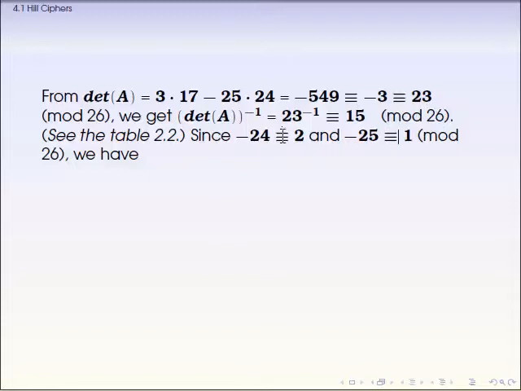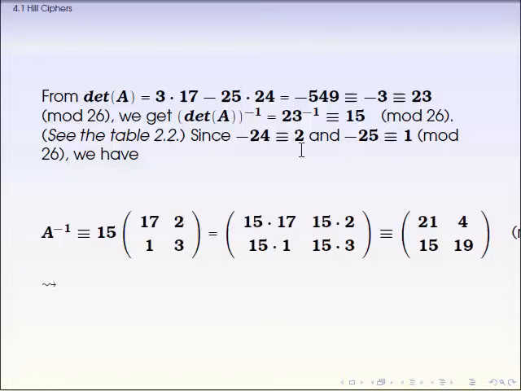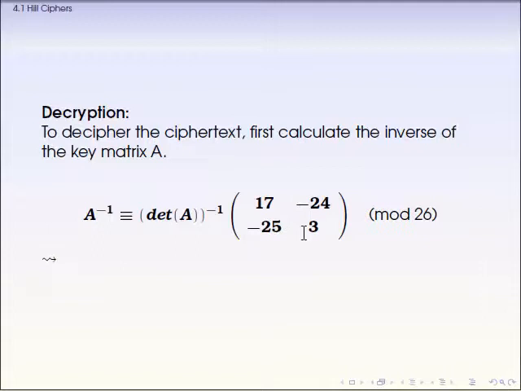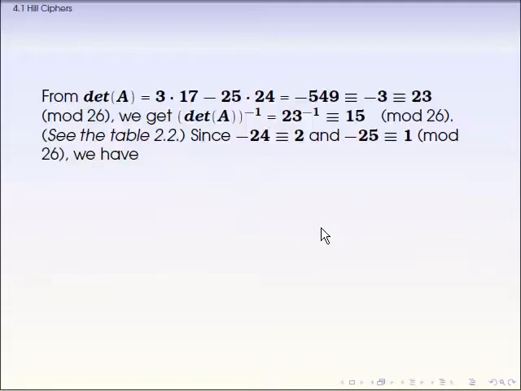Okay, then negative 24 and negative 25 are congruent to 2 and 1 modulo 26. So the inverse of the determinant of A is 15, and 17, 2, 1, 3 is going to be the same as this one for modulo 26.